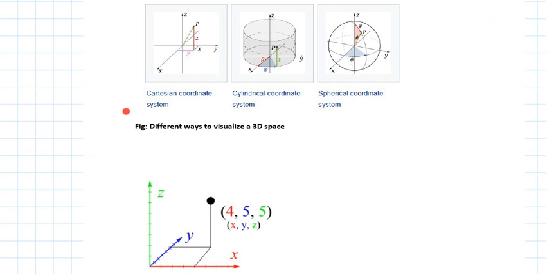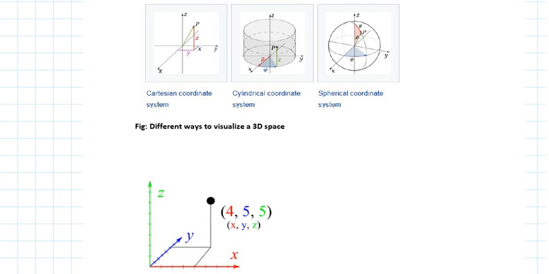A three-dimensional space can also be represented as if everything is inside a cylinder, as is done in the cylindrical coordinate system. Then you can represent it using the spherical coordinate system. Under this spherical coordinate system, the assumption is that you are sitting inside a sphere, and with respect to the center of the sphere, you are looking in different directions.